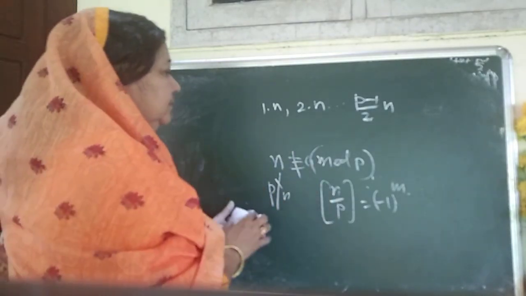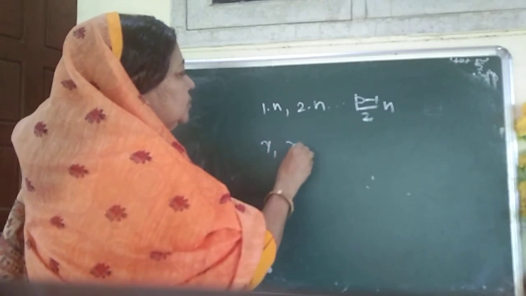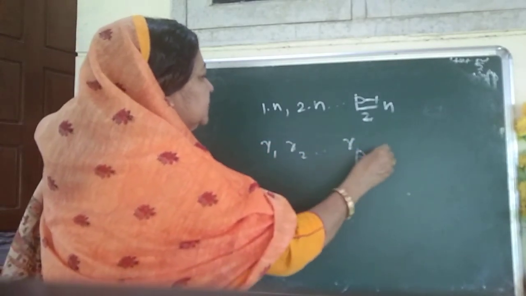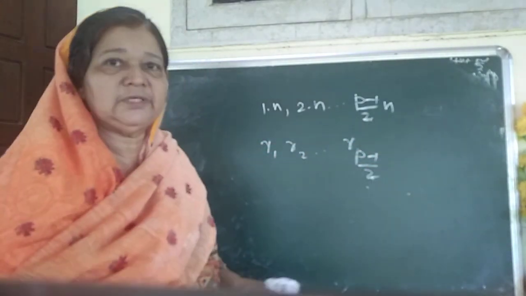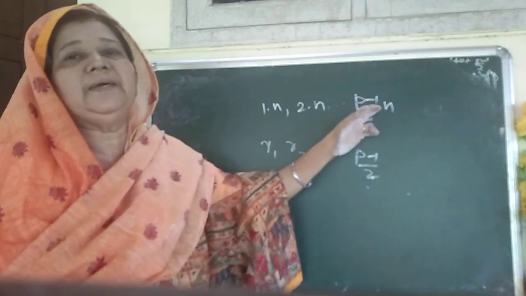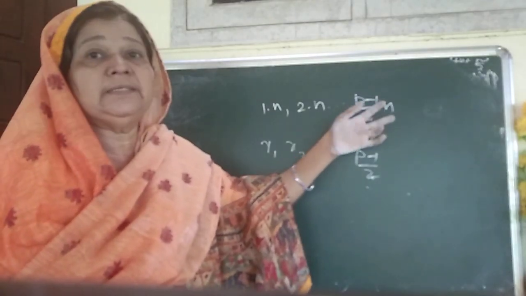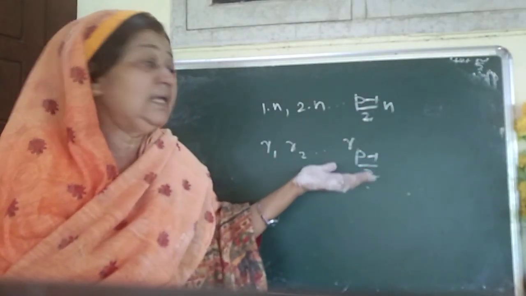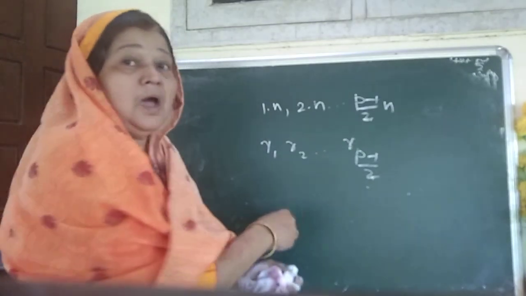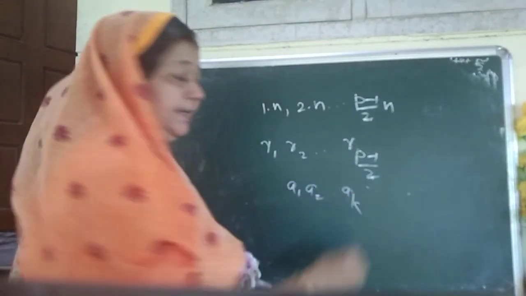That means if r1, r2, etc. are the (p minus 1)/2 residues when we divide 1·n, 2·n, etc., up to ((p minus 1)/2)·n by p, some of the residues are less than p/2. Let them be a1, a2, etc., ak.